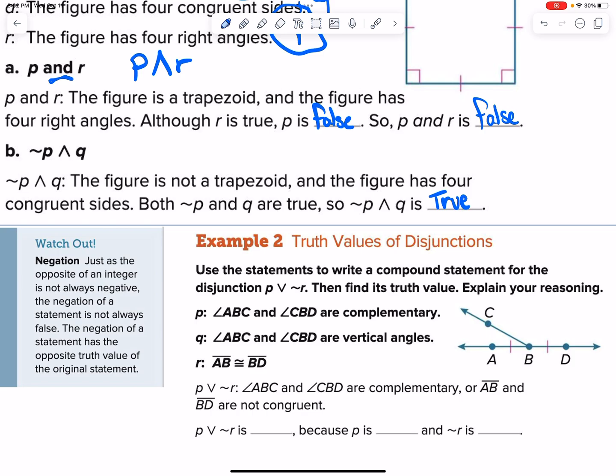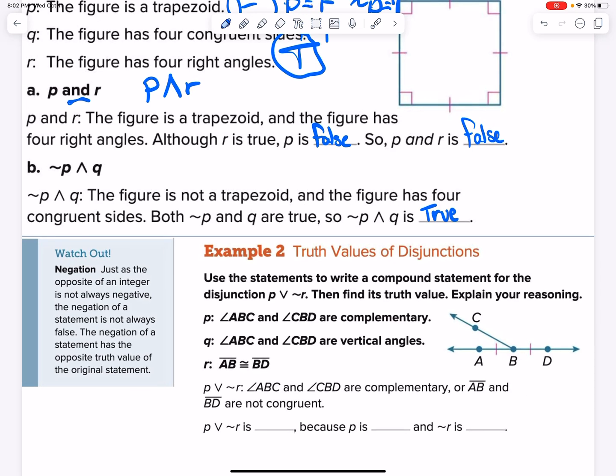Use the statements to write a compound statement for the disjunction P or negate R. In this one right here, we have this image down below. It says angle ABC and angle CBD are complementary. Again, complementary is a key term, but that is not what those are. ABC and CBD are not complementary, they're supplementary.